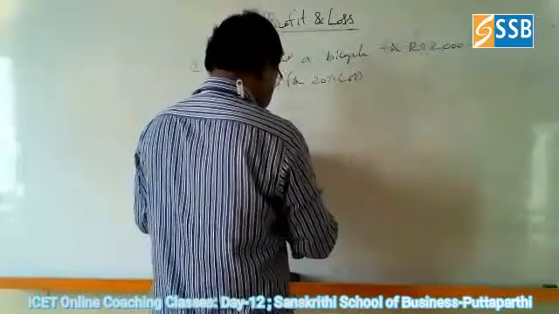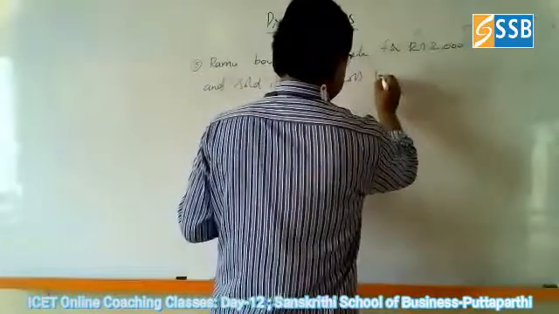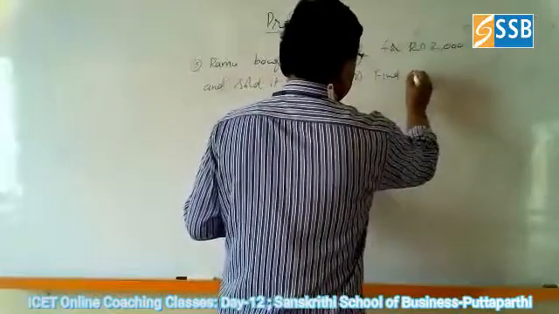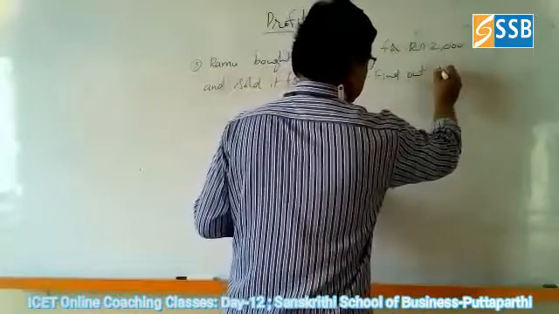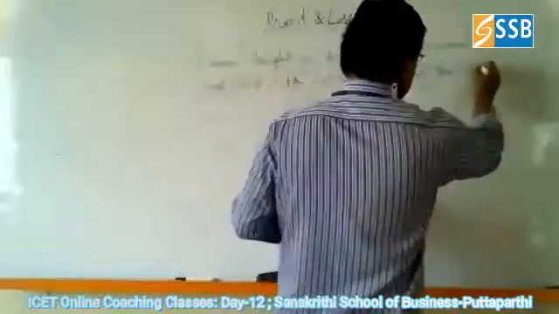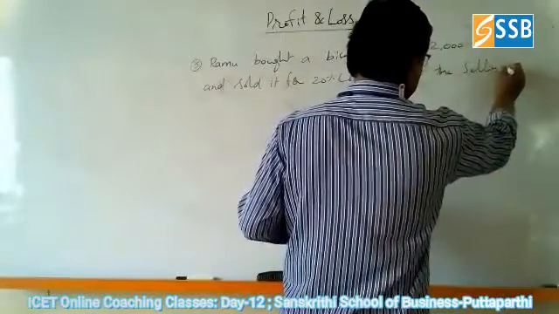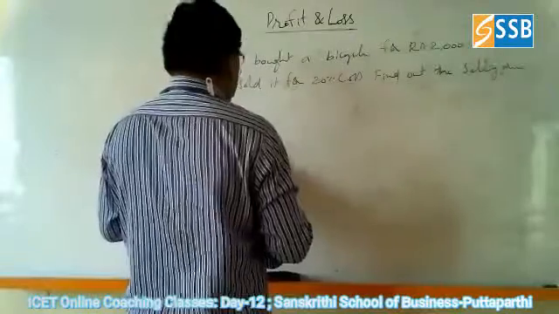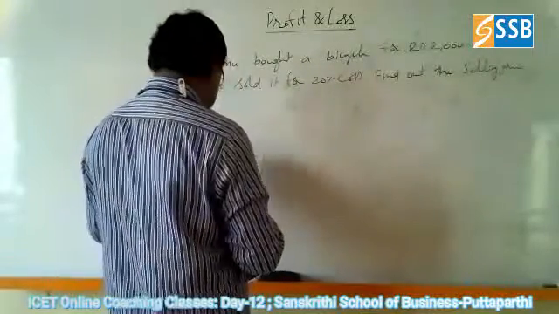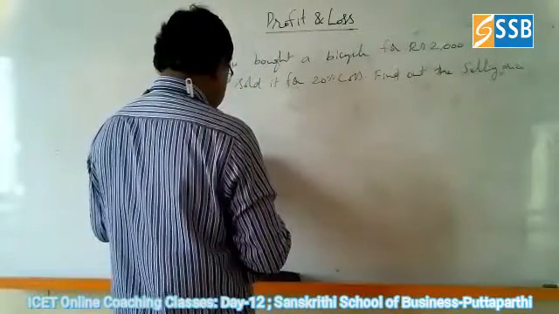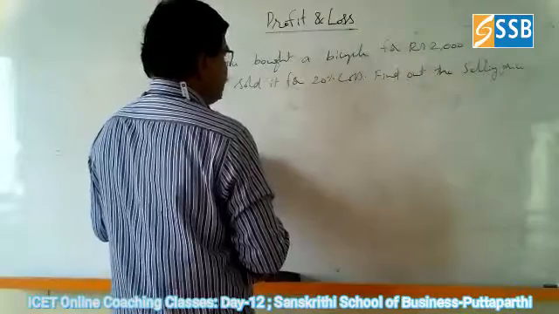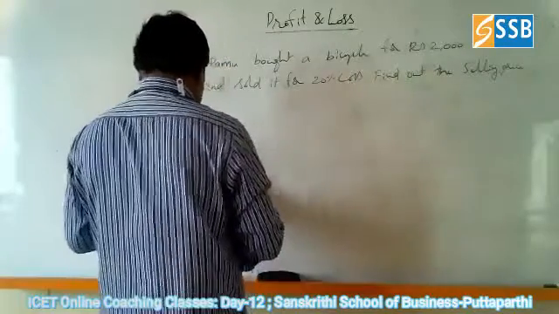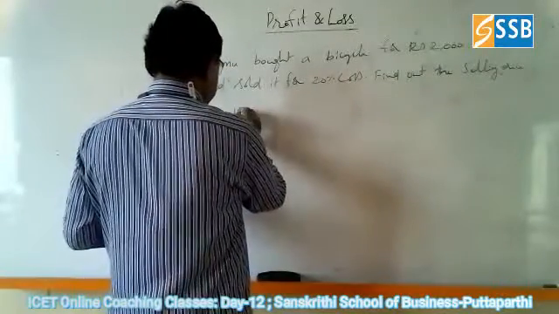Find the selling price. So Ramu bought a bicycle for 2000 and sold it for 20% loss. Okay, find out the selling price. So 1800 rupees.